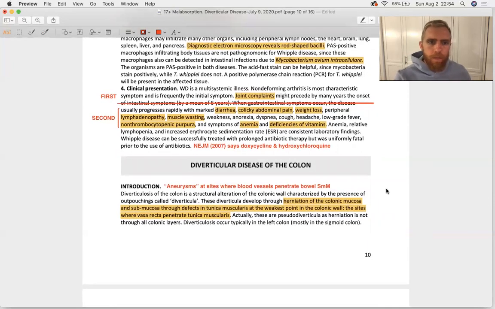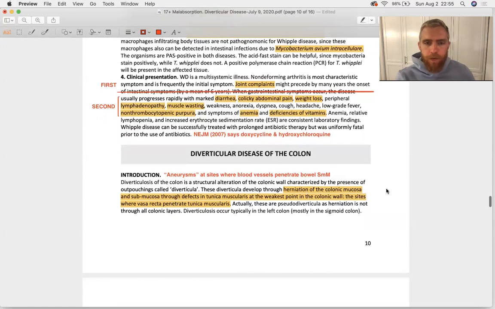Clinically, finally, something that's not just diarrhea. So you get arthritis and arthralgias first, number one. And then you've got a long time span, and then you start seeing GI symptoms. That makes Whipple's disease very unique amongst all these other malabsorptive pathologies.